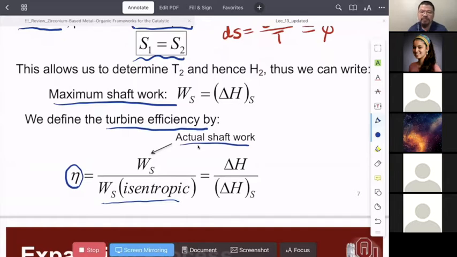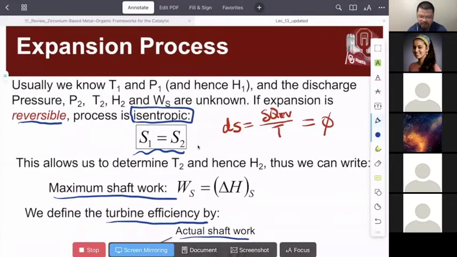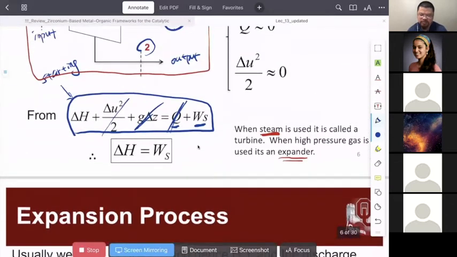In real life, it could be non-reversible. It could be some heat exchange between the system and surrounding, so that you are going to have a smaller shaft work output. Now if you look at this shaft work, you can easily convert that, because of the equation we just derived over there.